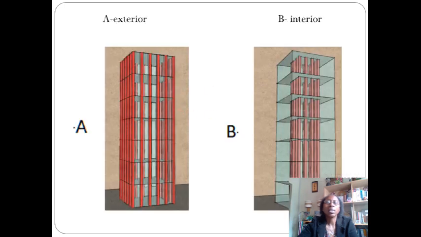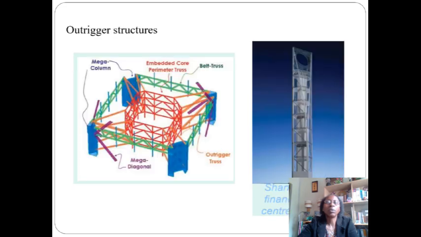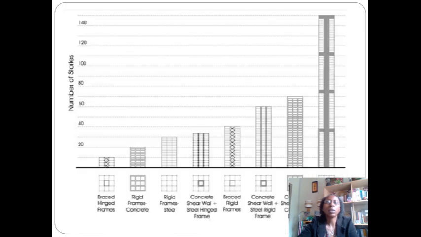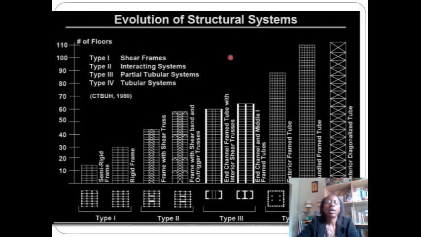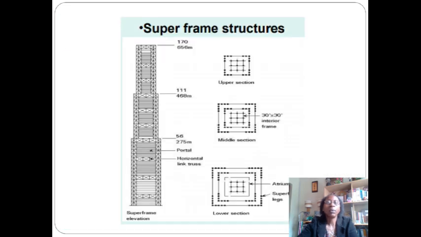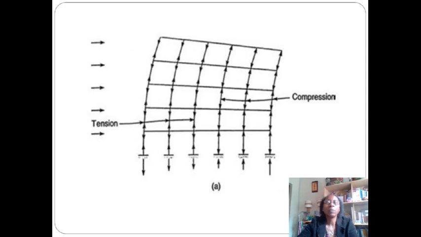So these are just examples of tall buildings, as you can see. The classifications themselves we shall look at as well. How are the evolution of these structural systems, and so on, examples, and also the design features and the important elements in the superframe structures.